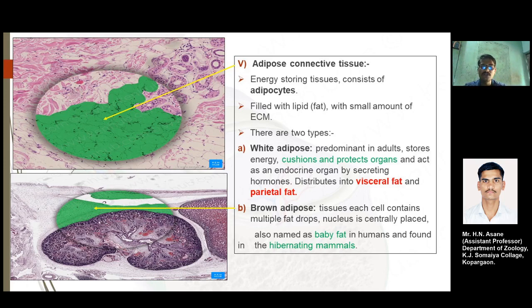In the adult condition, brown adipose tissue is found in some hibernating mammals. So this is the differentiating difference between white adipose and brown adipose.